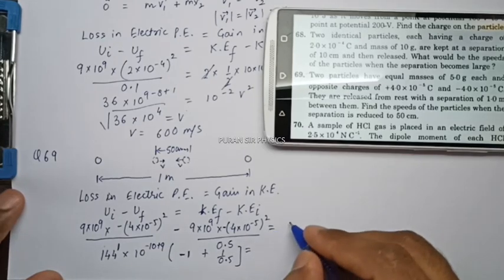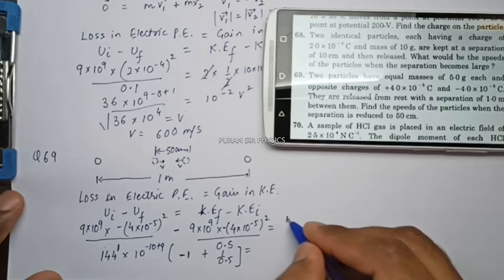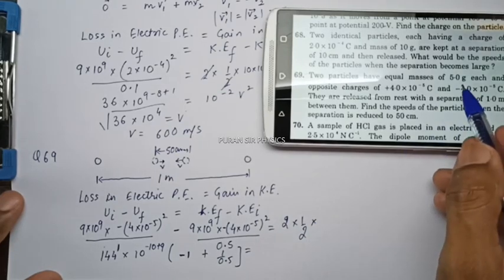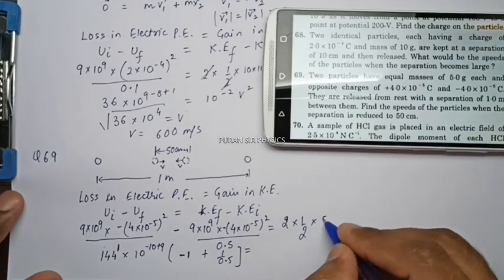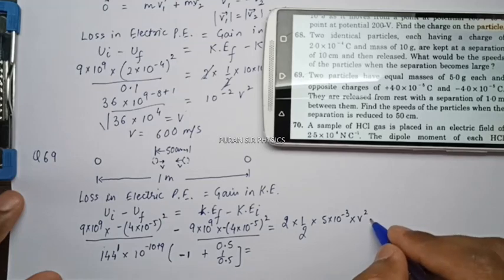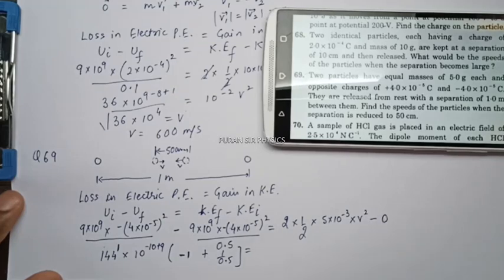And this thing will be equal to your increase in kinetic energy. So 2 times half, and the mass is given, that is 5 gram each, so 5 into 10⁻³ into v square. The initial kinetic energy was 0 because the particles were released from rest.